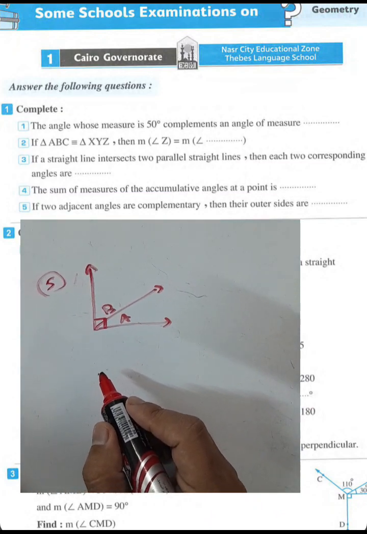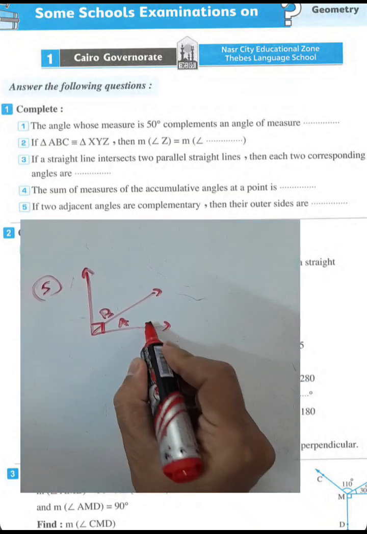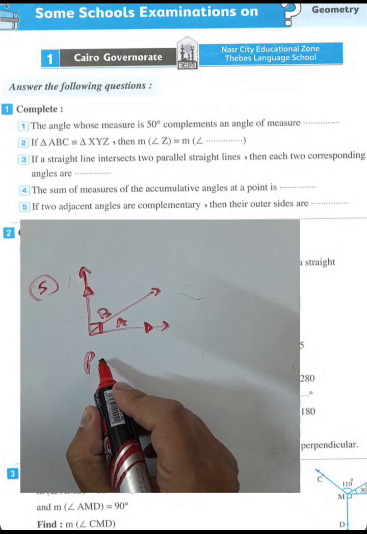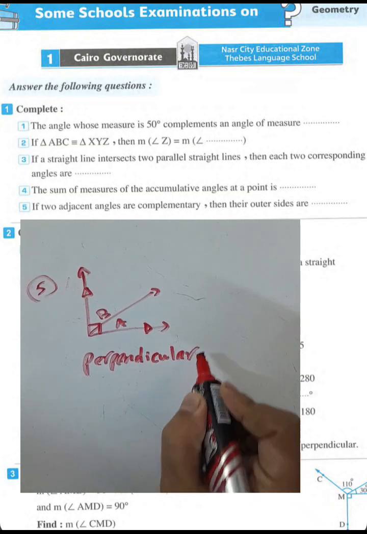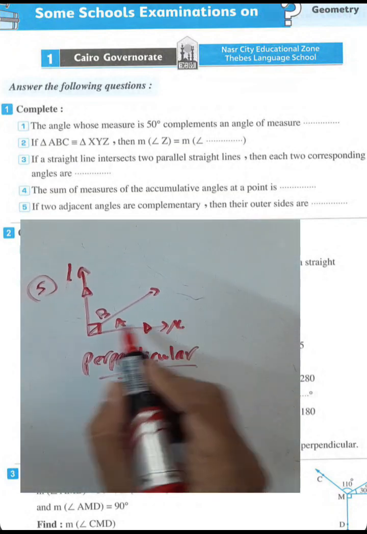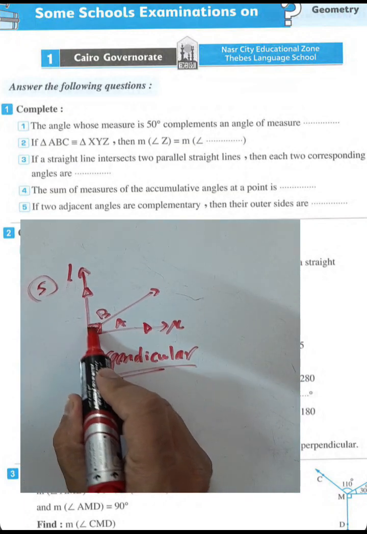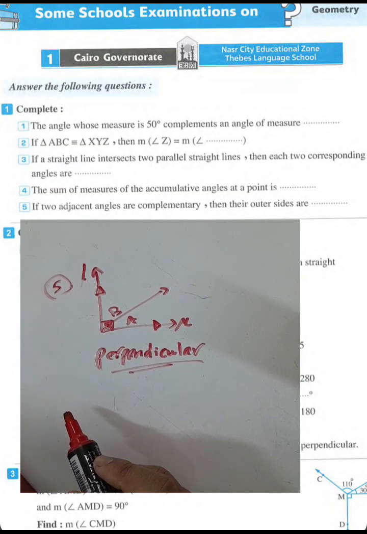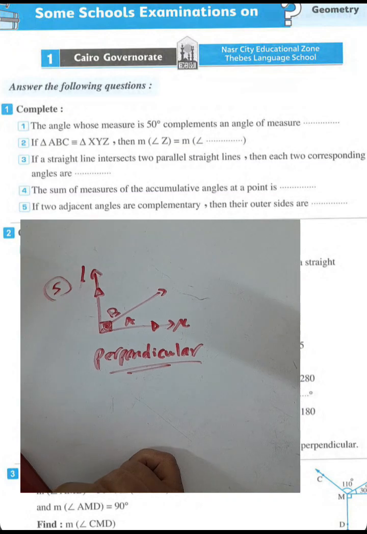Then their outer sides will be perpendicular. Perpendicular means straight line L is perpendicular to straight line M, intersecting at one point, and the angle between them will be 90 degrees. Again, if two adjacent angles are complementary, then their outer sides are perpendicular.